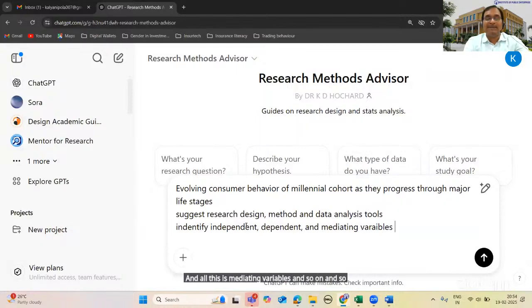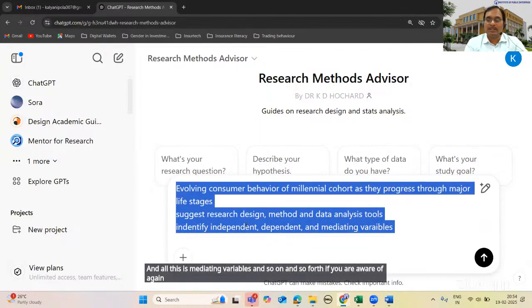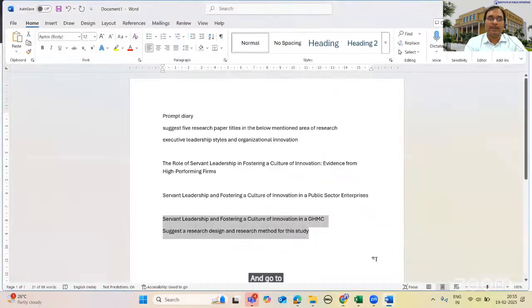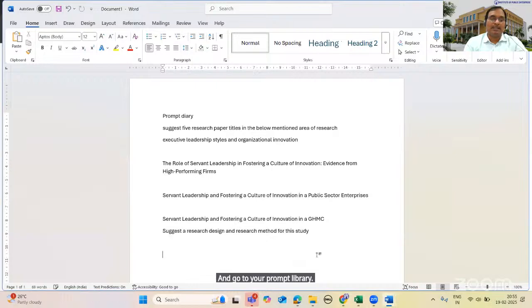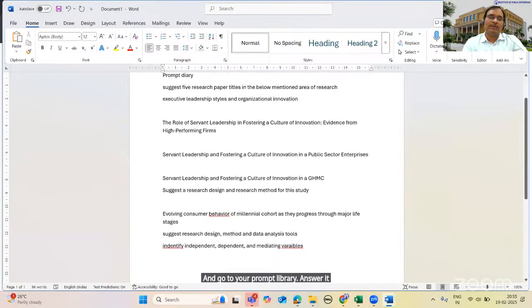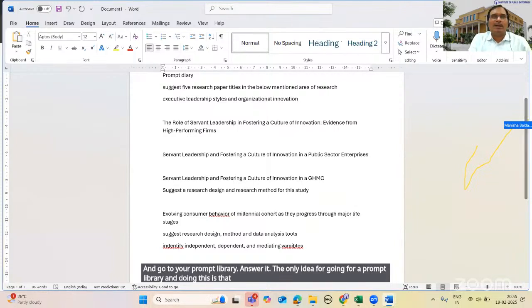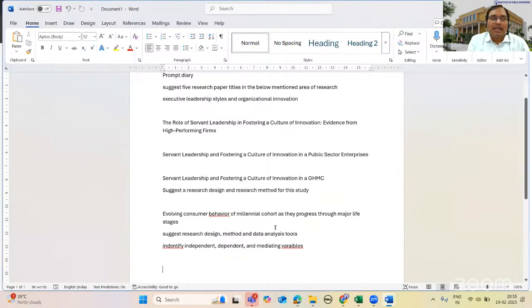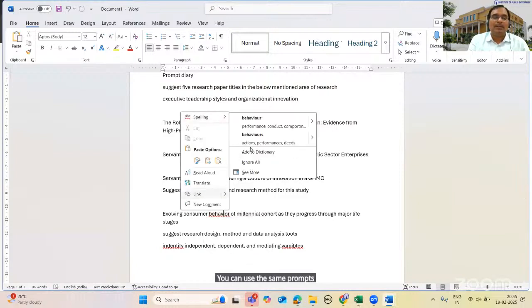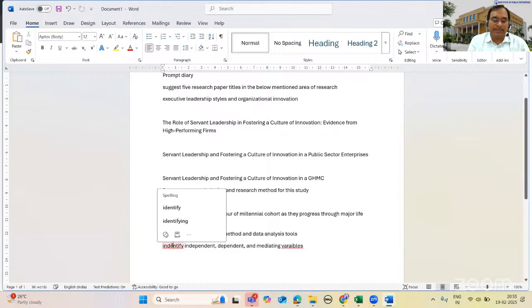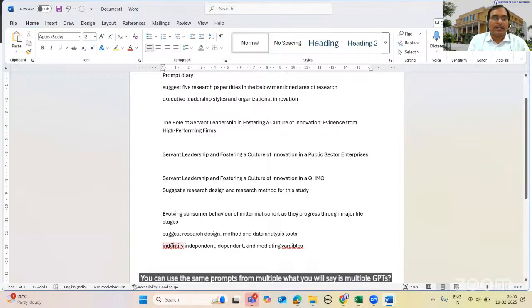If you are aware of it, again copy this and go to your prompt library and save it. The only idea for going for a prompt library and doing this is that you can use the same prompts across multiple GPTs. So that's the core idea.